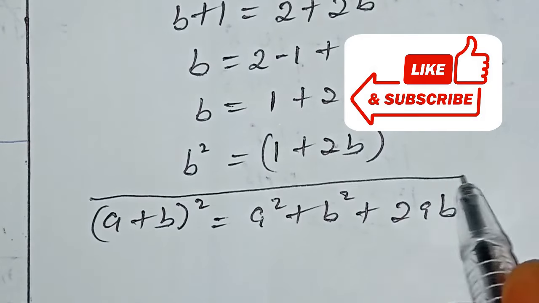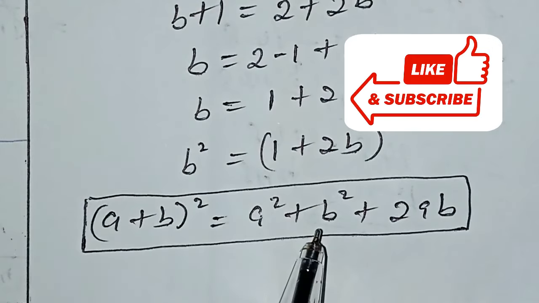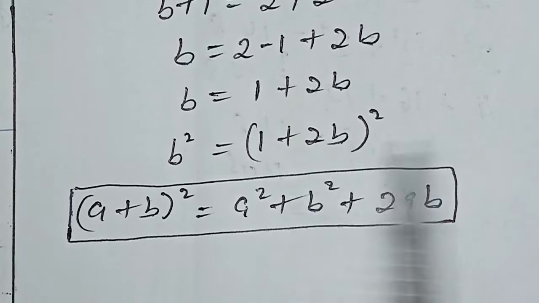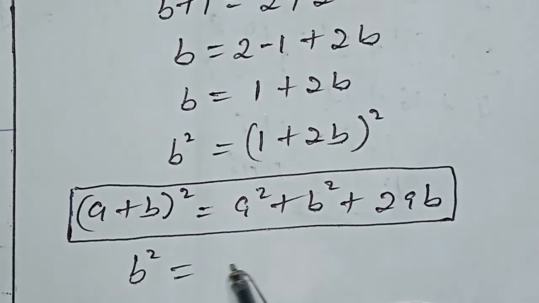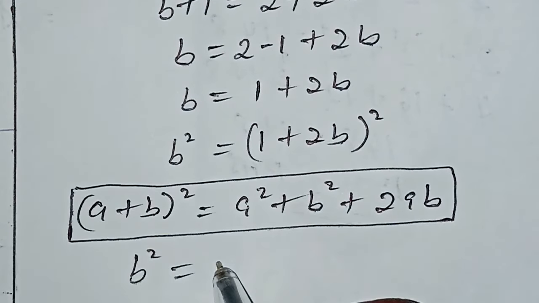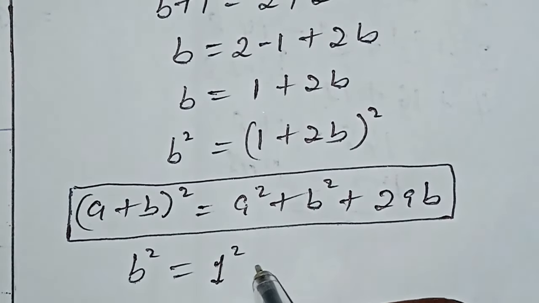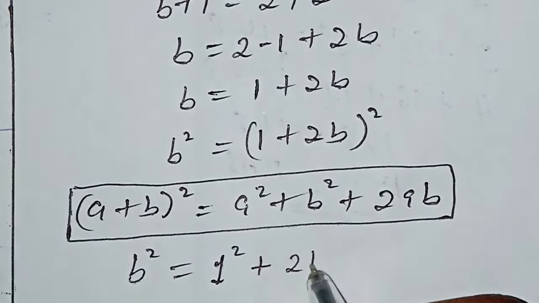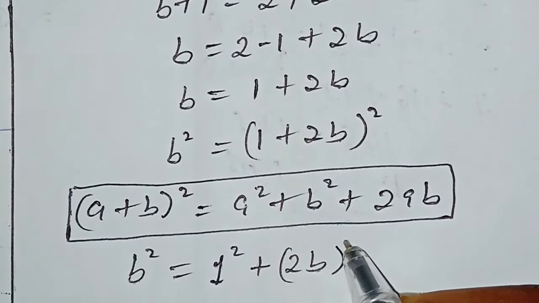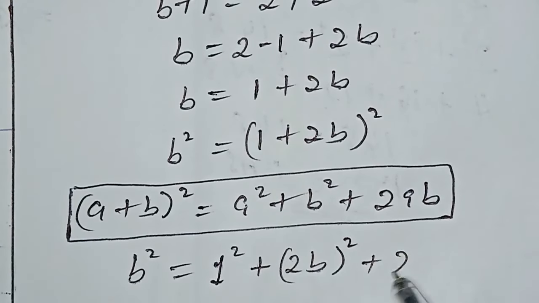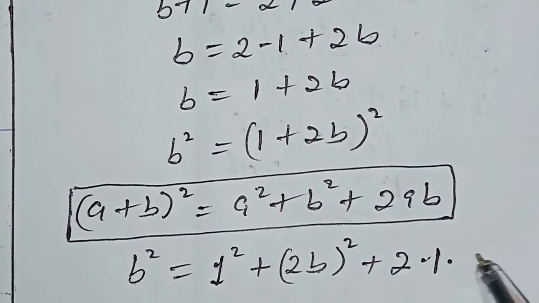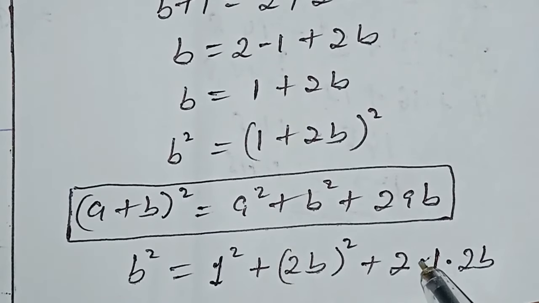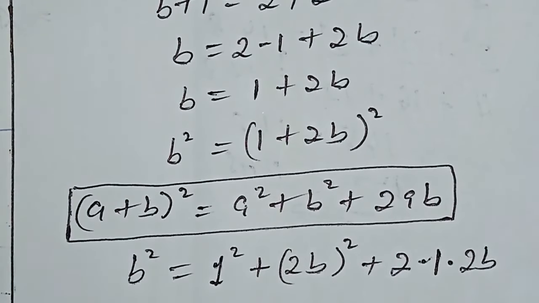If we consider this identity, we can now expand our expression. So our b squared will now be equal to 1 squared plus (2b) squared, then plus 2 multiplied by 1, then multiplied by 2b. Okay, this is what we are going to have.